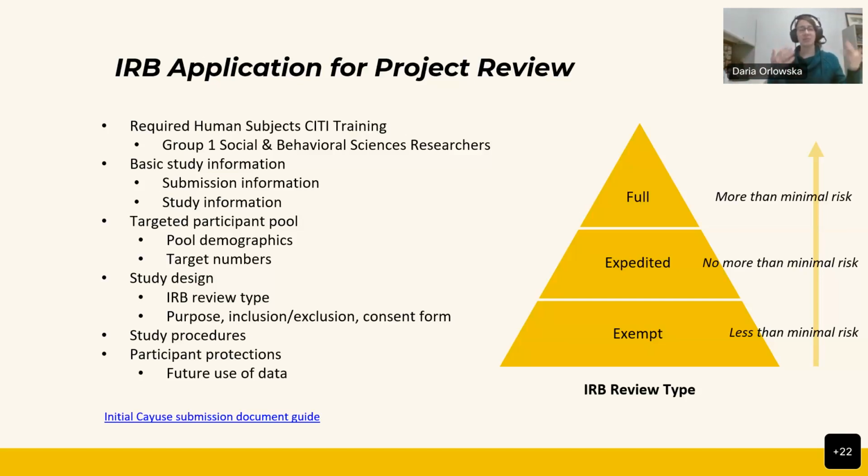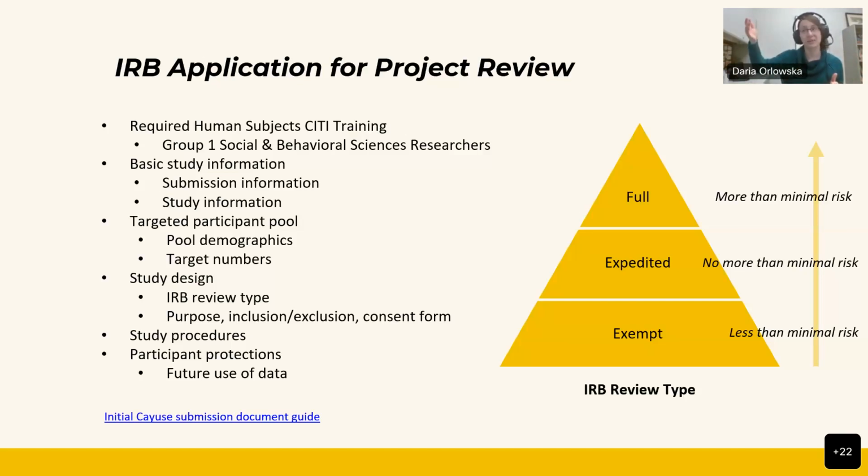Then you'll have some free response areas for your study design, like purpose, inclusion, exclusion, and consent form, as well as the type of review that needs to be conducted for your project. And you have here on the right-hand side the three categories: exempt, expedited, and full. You can think of exempt as less than minimal risk.